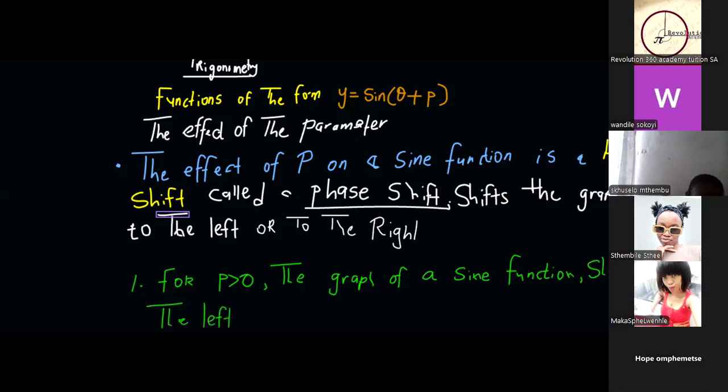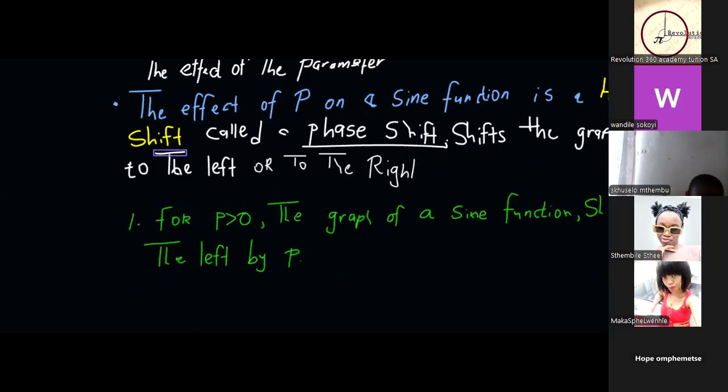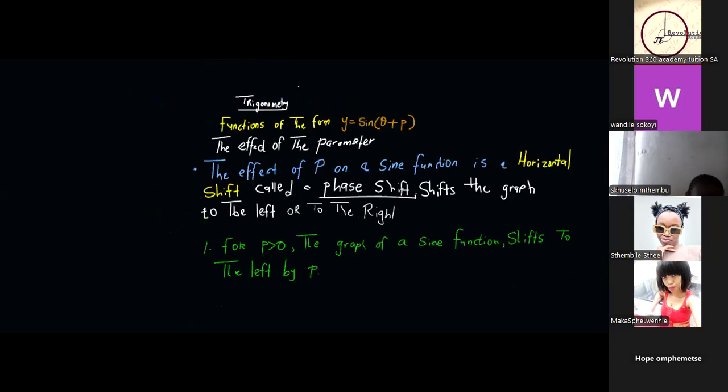And then with regards to the other one, number 2, for P less than 0, when you say P is less than 0, it simply means it's negative.